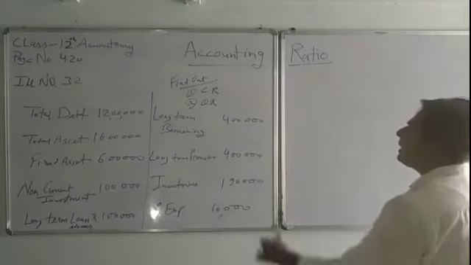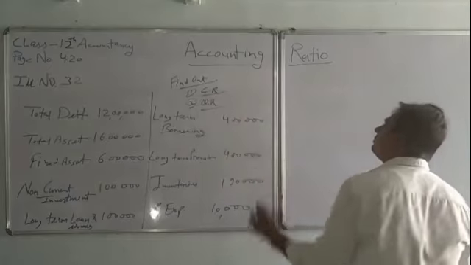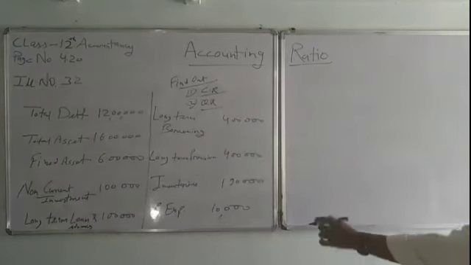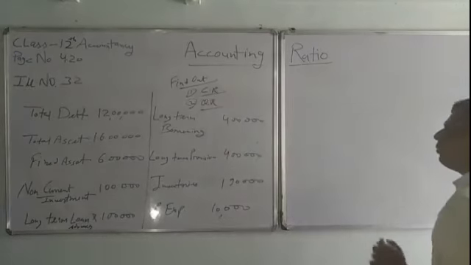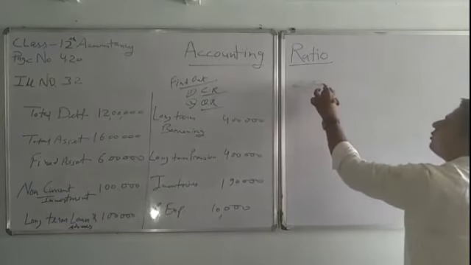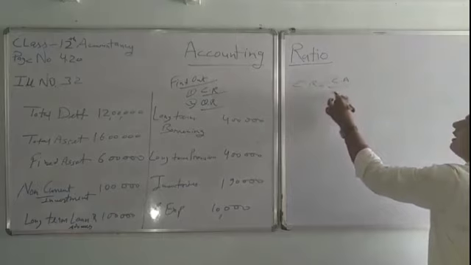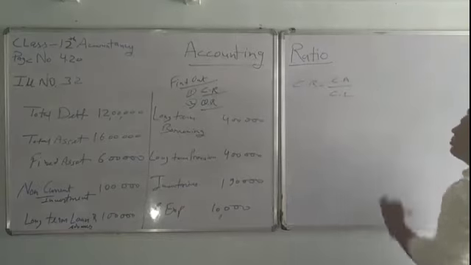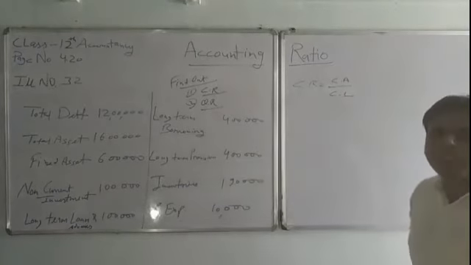So how to find the current ratio and quick ratio? As we know, see on the blackboard. For finding the current ratio, we have to know current asset and current liability, because current ratio is equal to current asset divided by current liability.